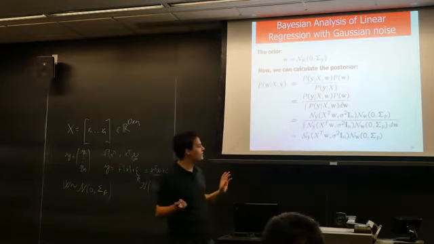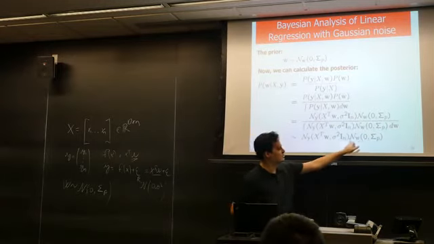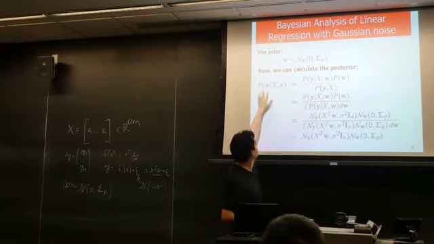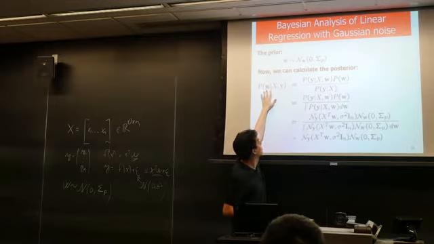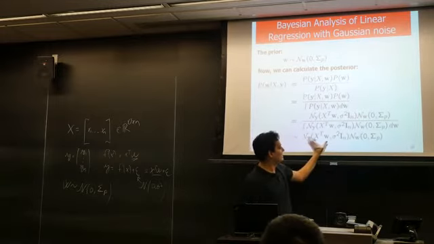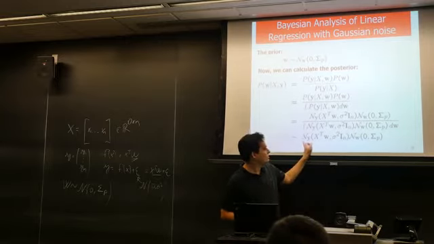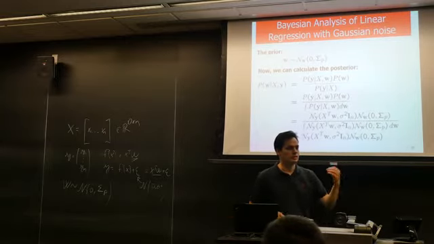Okay, so here is my question. If you look at this, what kind of distribution will it be in W? This is a distribution in W. We can see that it's a product of two Gaussians. What kind of distribution is it in W?